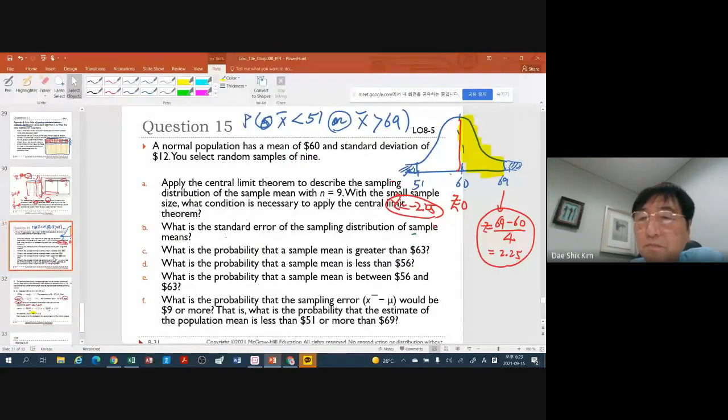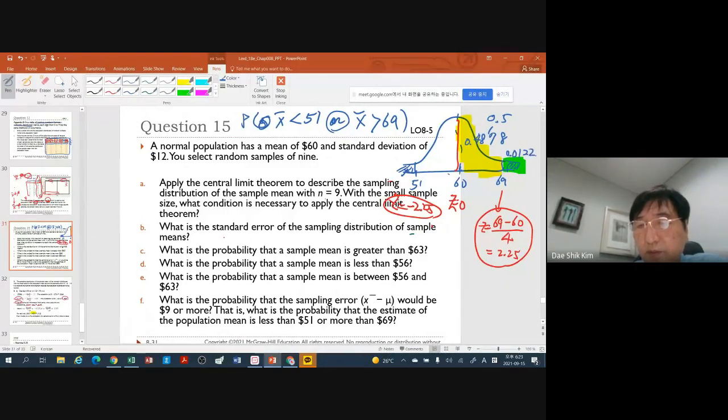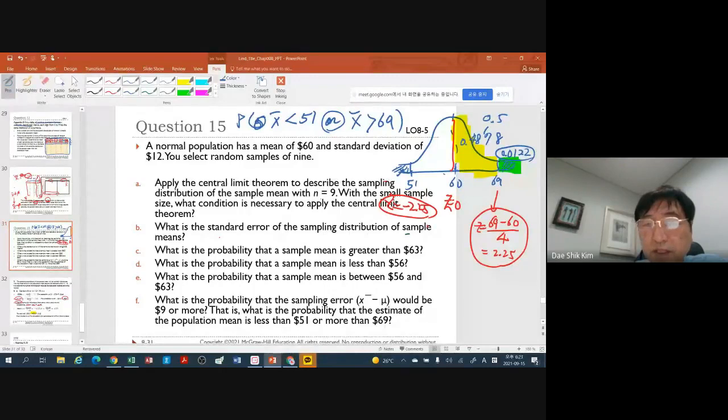So this is 0.4878. Then I use green color. What does green mean? 0.5 minus this one equals green, which is 0.0122. And we have another green on the left-hand side here.